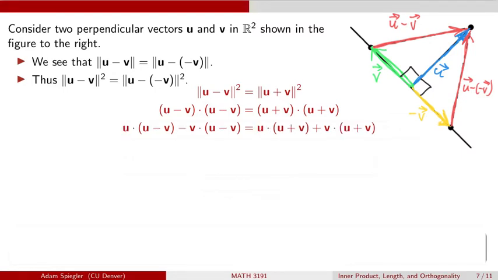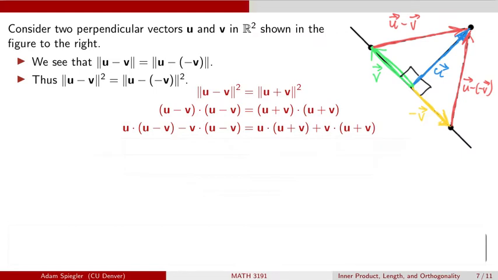Now we can use the distributive property of the inner product to break these up. I can take this line, for example, and say this is equal to u dotted with u minus v, minus v dotted with u minus v. We can apply the same property to the right side to get u dot u plus v, plus v dot u plus v.